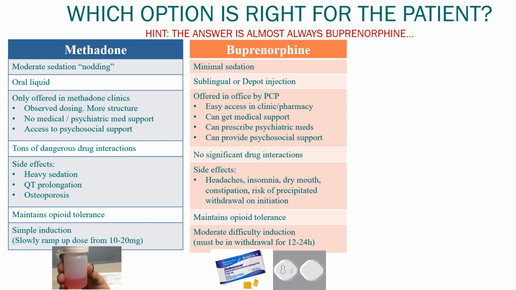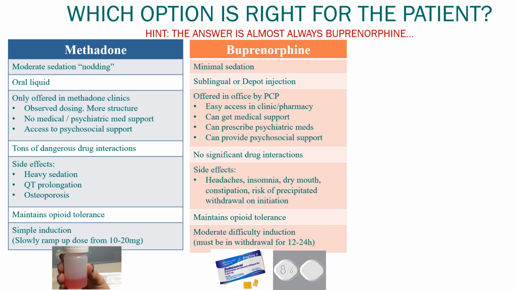It can be administered by a primary care physician, which means the primary care physician can do all sorts of other things. They can offer psychosocial support, but they can also prescribe birth control and psychiatric medications and link them through a social worker, whatever else the patient needs. And there are no clinically significant drug interactions with buprenorphine. Sometimes people get a little bit of headaches and constipation with it, but those symptoms are relatively minor.